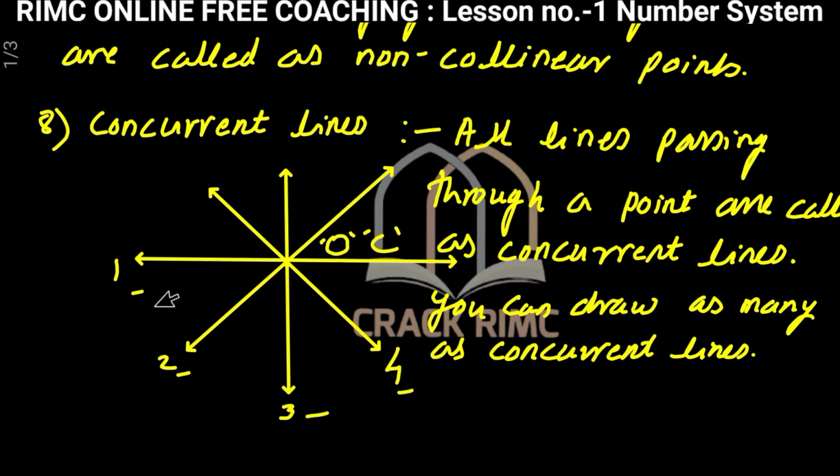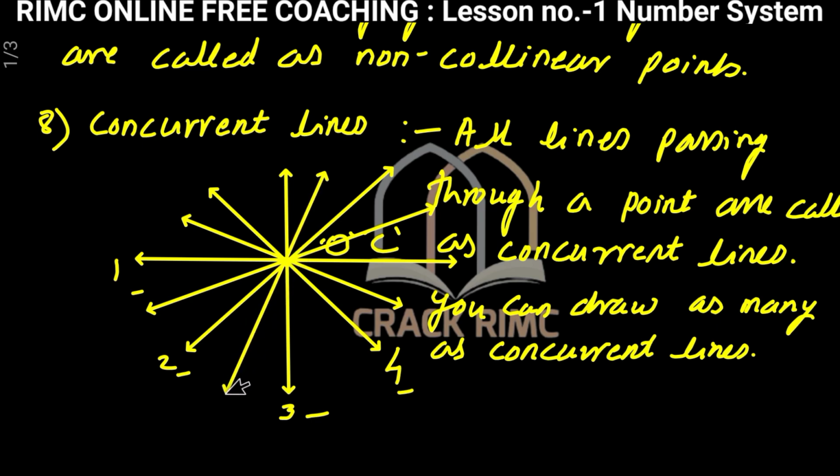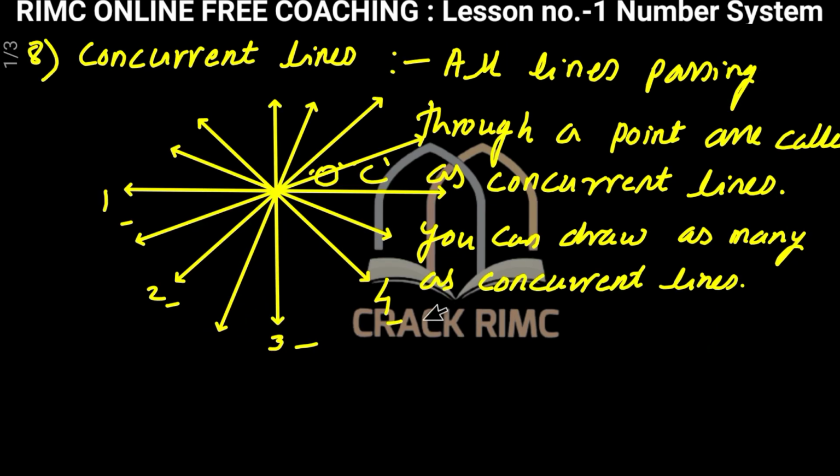For example, if I want to draw another line, I can draw like this. Okay, if I want to draw another line, I can draw like this. So you can draw n number of lines here.